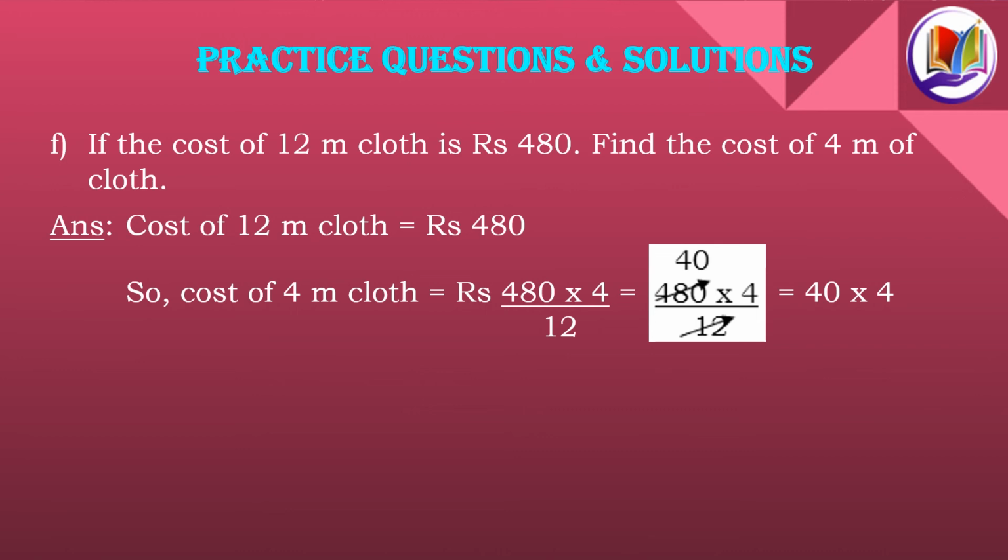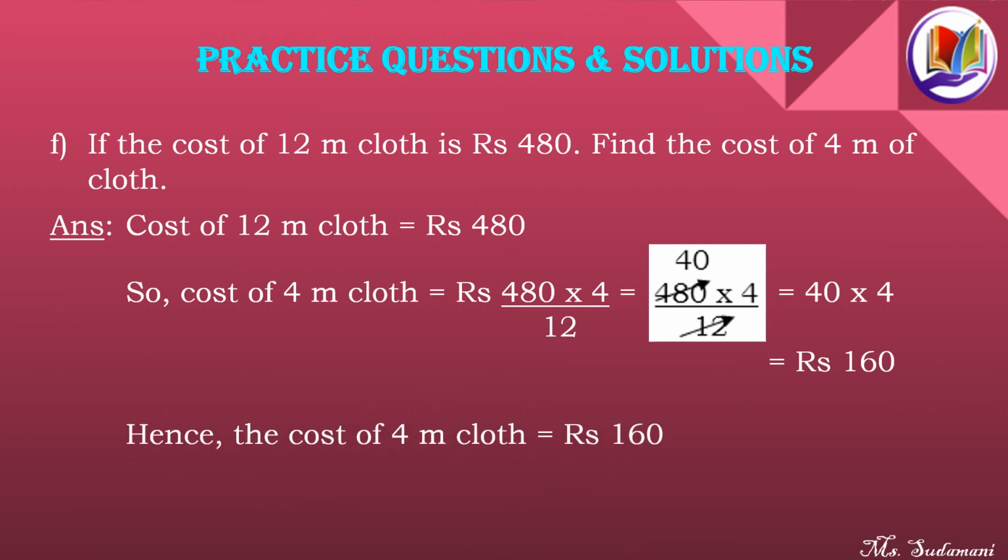So, cost of 4 meter cloth is 480 multiplied by 4 divided by 12. That is using again the cross multiplication method. So 12 fours is 48. Cancelling out, we get 40 multiplied by 4, that is equal to rupees 160. So the cost of 4 meter cloth is rupees 160.